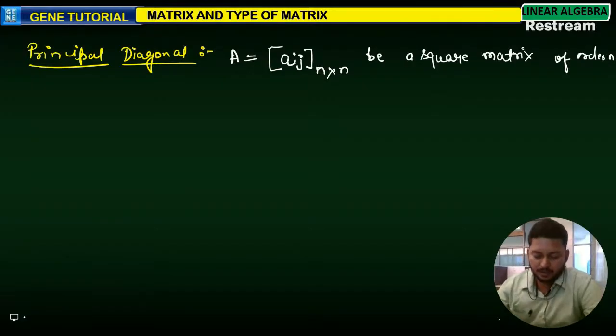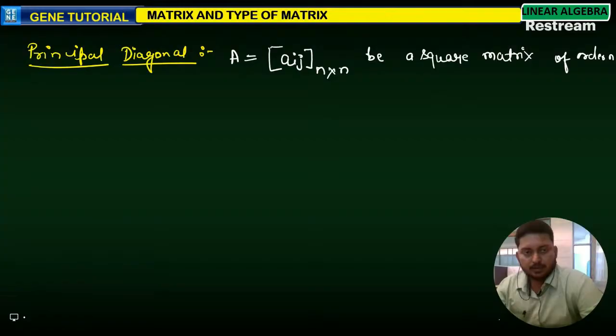Why do we call it the principal diagonal? Because it is the collection of all entries of the matrix where the row number is equal to the column number, that is, where i is equal to j. All the entries Aij where i is not equal to j are called non-diagonal entries.